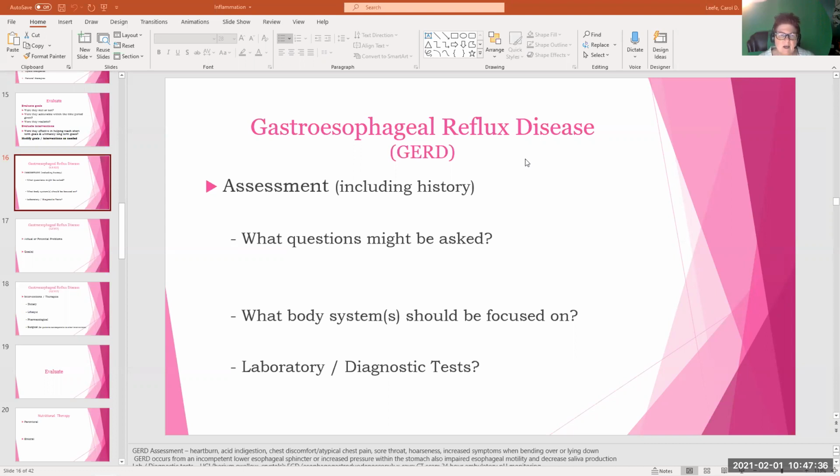Esophago, esophagus; gastro, stomach; duodeno, duodenum; and scopy for being able to visualize.